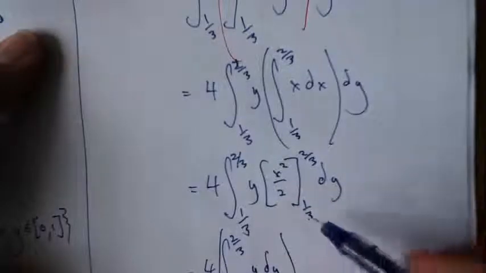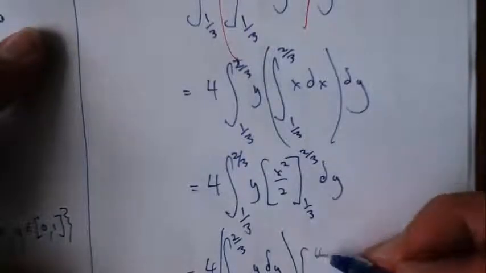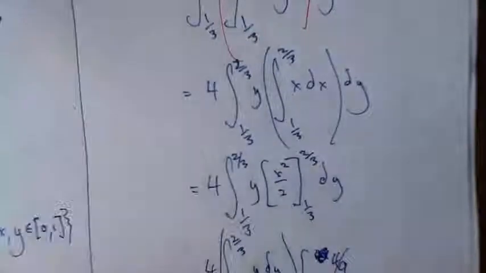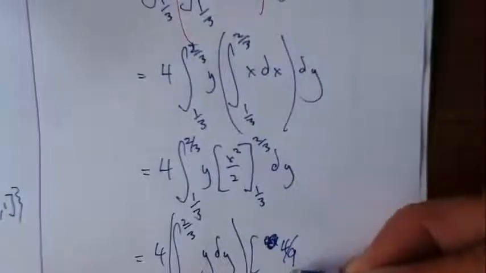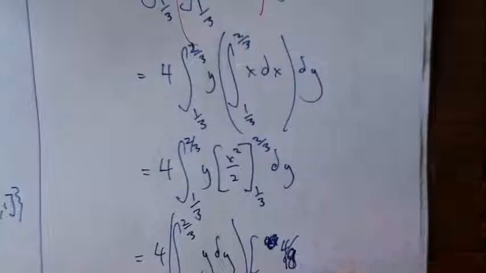Right? 2/3 squared is 4/9, so that's going to be 4/9 over 2. It's 4/18.